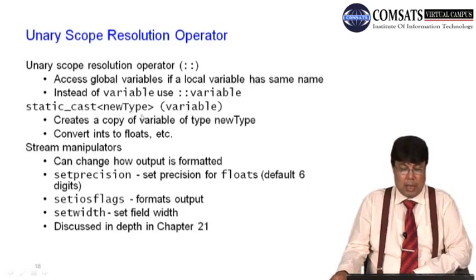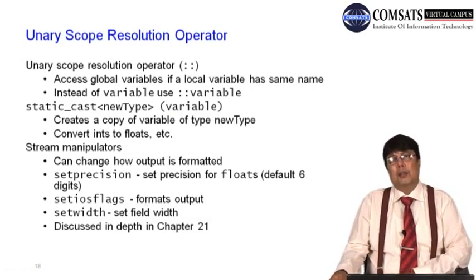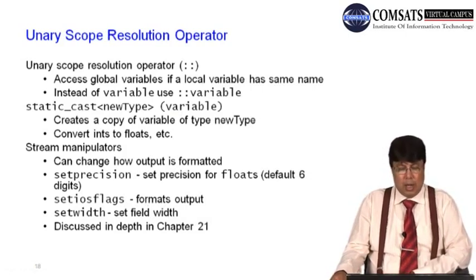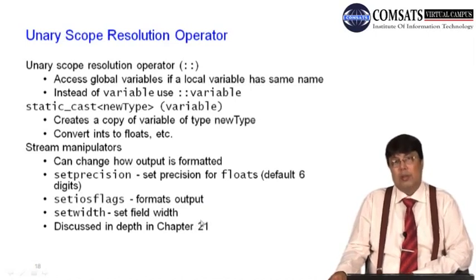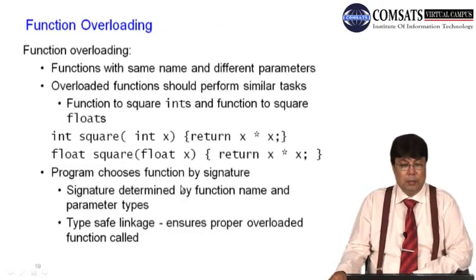For example, if the new cast is float and the variable was integer, it will convert integer to float, or vice versa, from float to integer also. Stream manipulators: I have dedicated 1.5 lectures to stream manipulators, chapter number 21, and I have discussed it in detail with you already, so kindly allow me to skip this part of the discussion here.